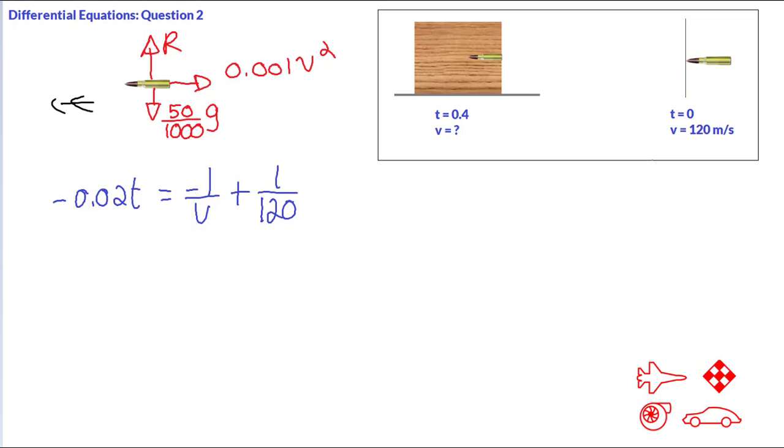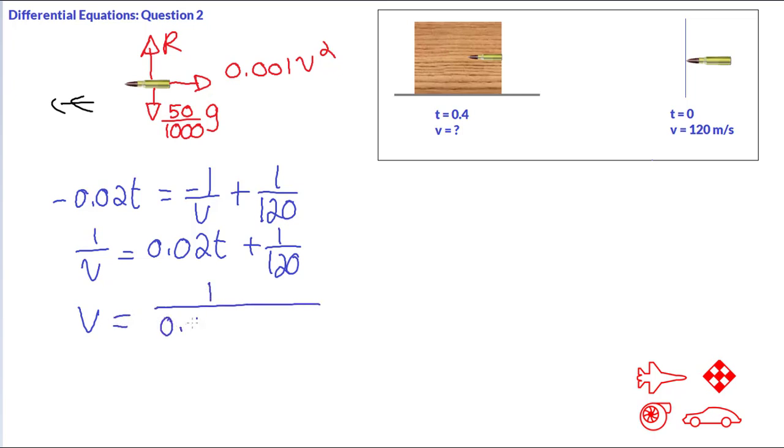So it's going to become 1 over v equals 0.02t plus 1 over 120. And then after this, we find the reciprocal. So we flip both sides. That becomes v equals 1 over all of 0.02t plus 1 over 120.